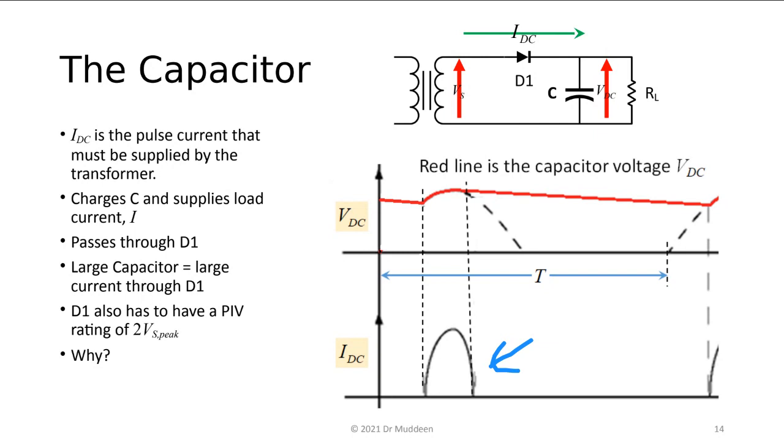And the second thing is that when the polarity of Vs reverses, at that point the capacitor voltage here is at plus Vs, and the transformer has gone to negative Vs. So that voltage is now appearing across the diode. So the diode has to cope with a reverse voltage across it of at least 2 times the peak voltage, 2 peak Vs, whatever that is. Yeah? Fair enough?